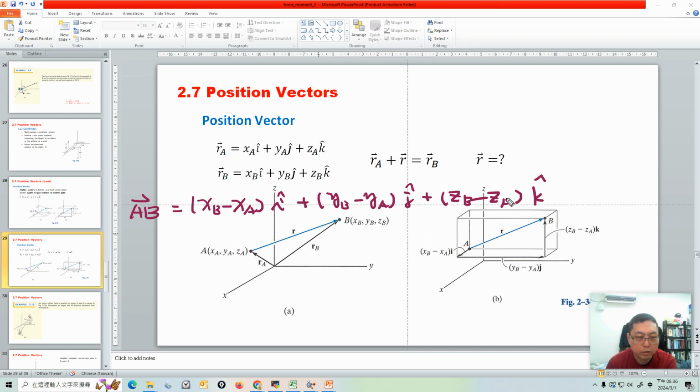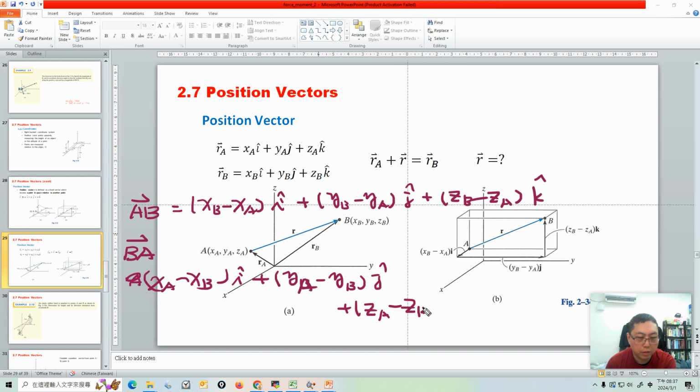Don't make a mistake here. Because the vector points from A to B, it is the coordinate of B minus the coordinate of A. Reversely, if you want to calculate the BA vector, it will be the reverse: (XA minus XB)i plus (YA minus YB)j plus (ZA minus ZB)k.